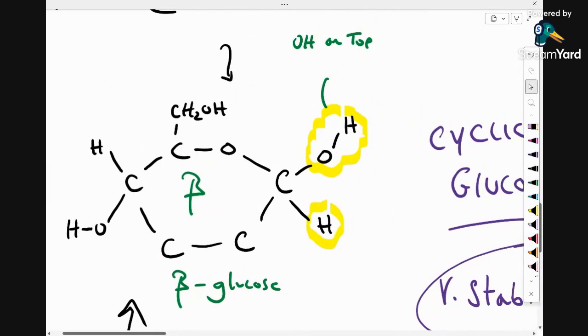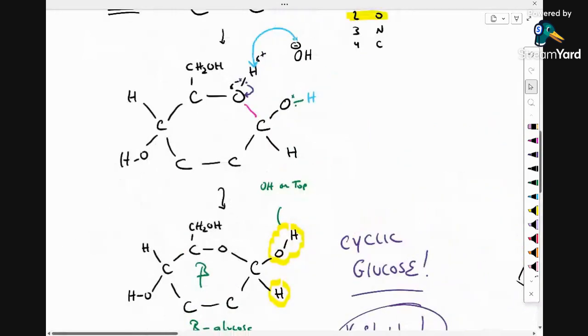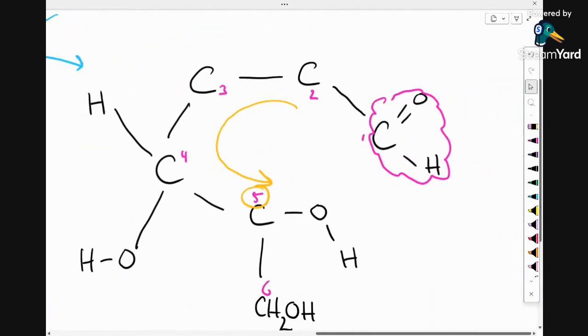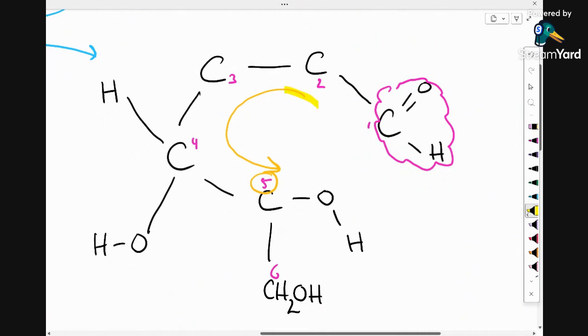Which begs the question, what is alpha glucose? And the answer comes back to this, and this is why I made the point. Alpha glucose forms when we bend the molecule round anti-clockwise, and the oxygen here, the lone pairs on this oxygen, attack from the bottom of the structure, attack the delta positive carbon here.